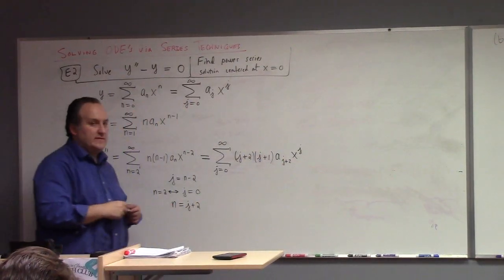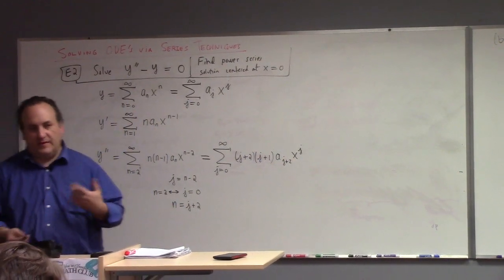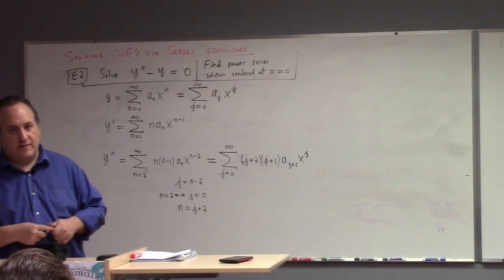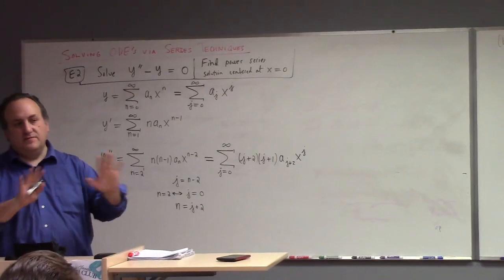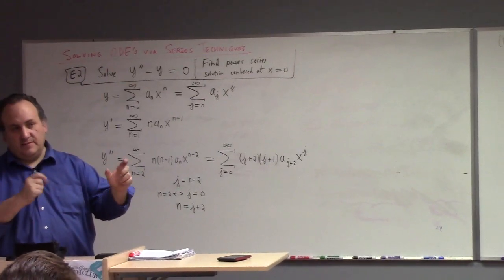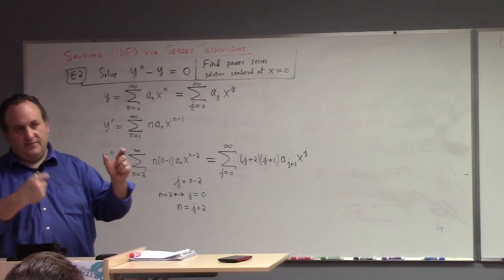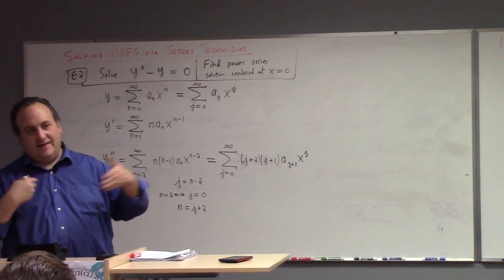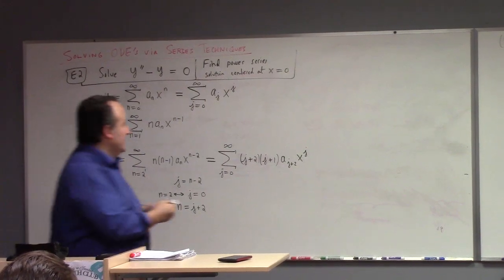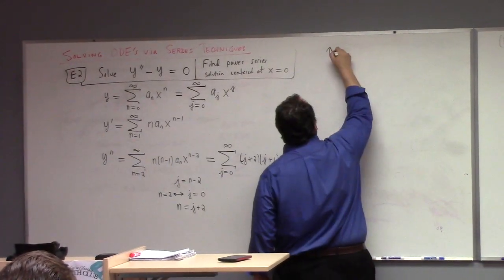Now, the reason I've done this is so that when I substitute it into the differential equation, I can combine the summations. The only way you can combine two sums is if they have matching monomials. I have to have x to the power j on both of them, otherwise I can't combine the sums. This is just a theorem, right?